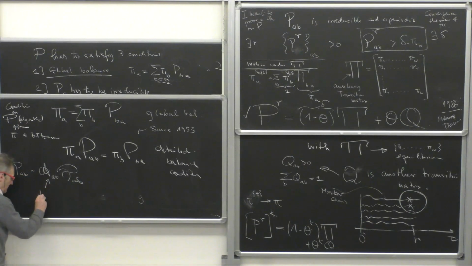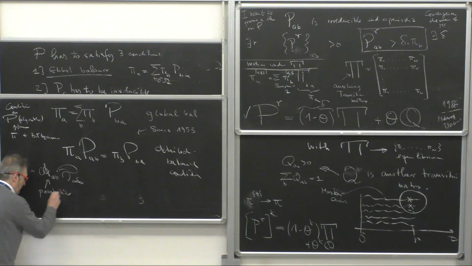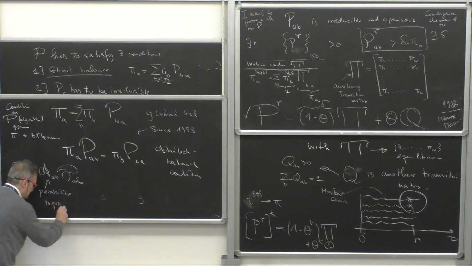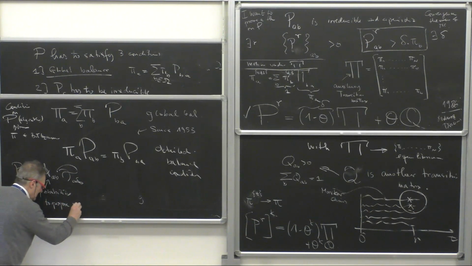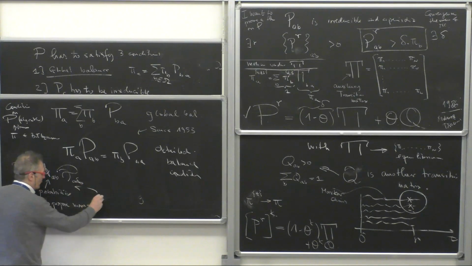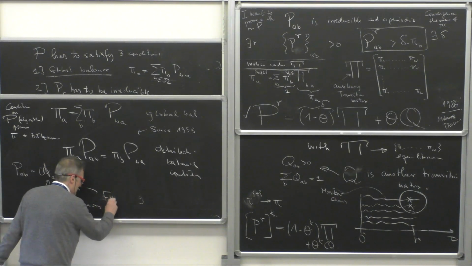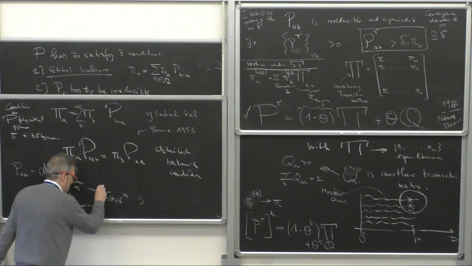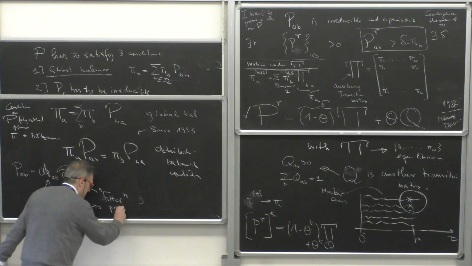This is the probability to propose the move from A to B, and the filter is the probability to accept the move. You'll see it later.